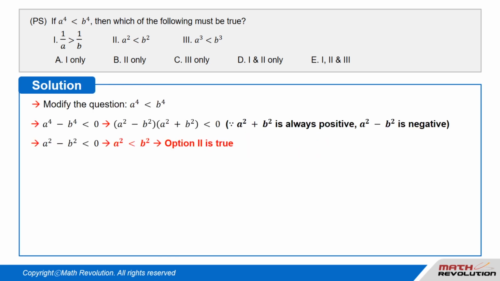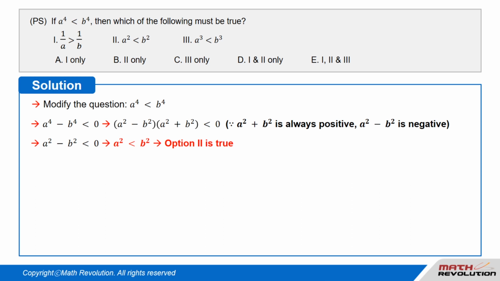Let us modify a to the power of 4 is smaller than b to the power of 4. Then we get a to the power of 4 minus b to the power of 4 is smaller than 0, or whole of a squared minus b squared times whole of a squared plus b squared is smaller than 0.